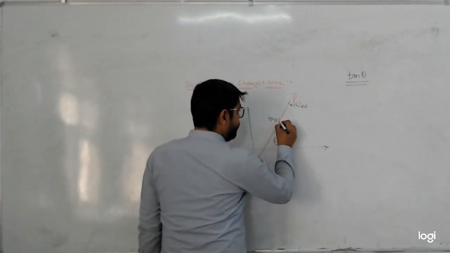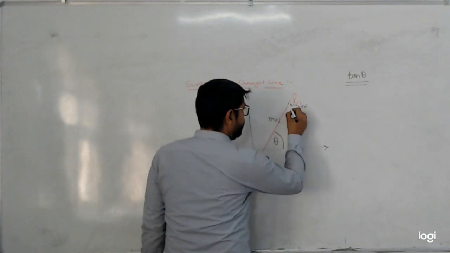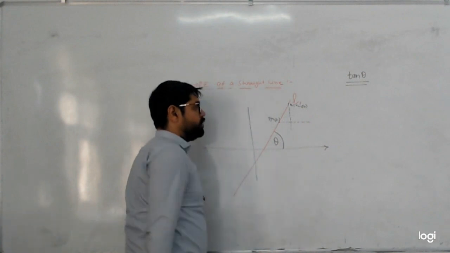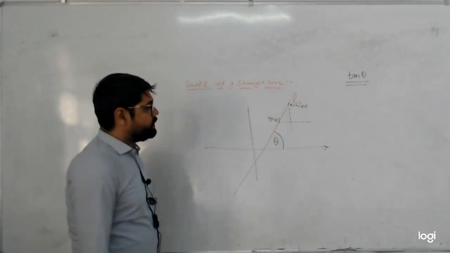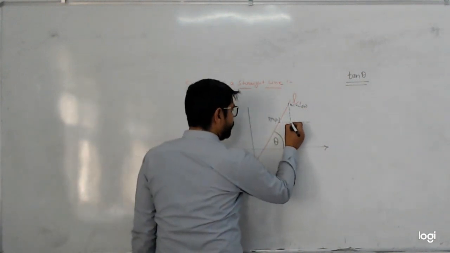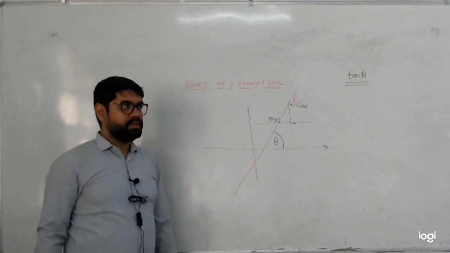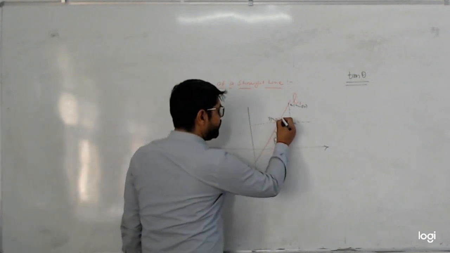Draw a line from P1 parallel to x-axis and draw a line parallel to y-axis through P2, and let these lines intersect at point M. Then clearly this line is parallel to x-axis, so this angle has to be theta again.